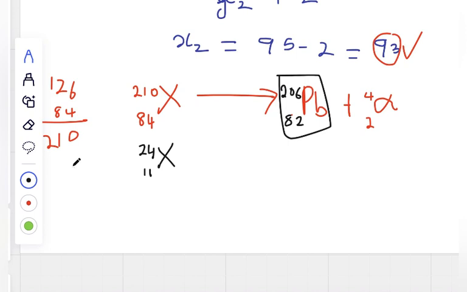Why are we adding 11 and 13? Because it has 11 protons and it has 13 neutrons, and mass number is equal to the number of protons plus the number of neutrons, which gives us this 24.